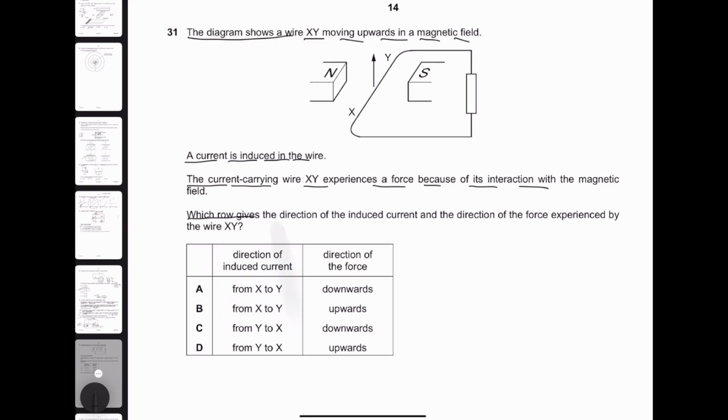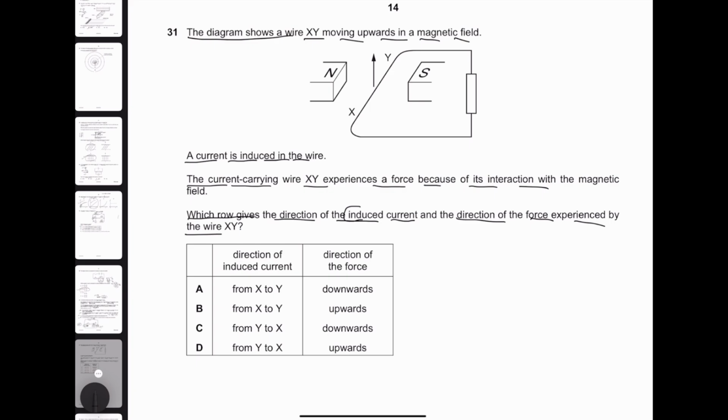Which row gives the direction of induced current and the direction of force experienced by the wire XY? Now, this question is asking you the direction of induced current. According to Lenz's law, the direction of induced current will be in the opposite direction to the force causing it. So the force should be opposite.